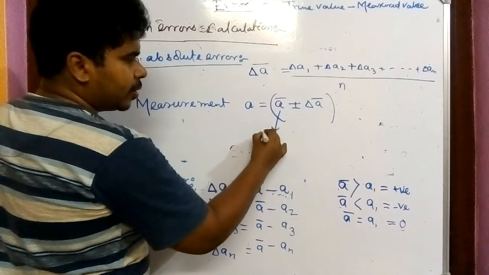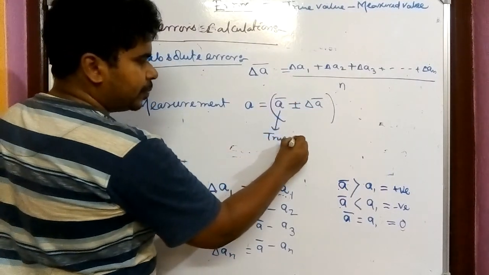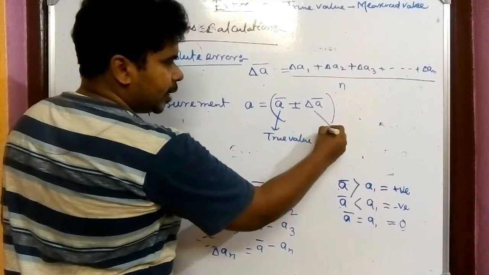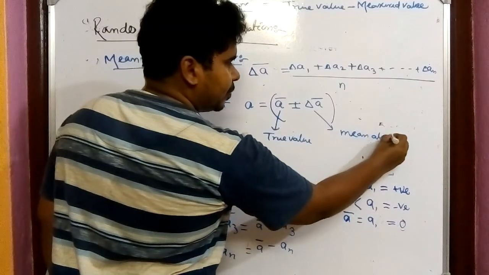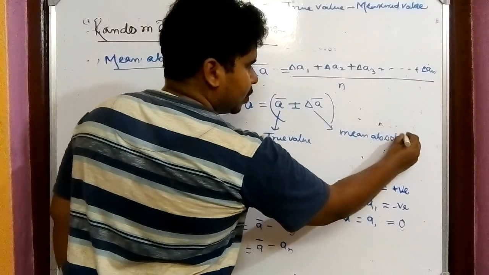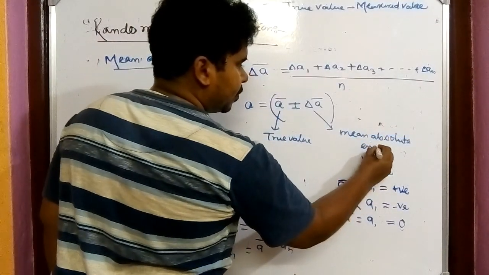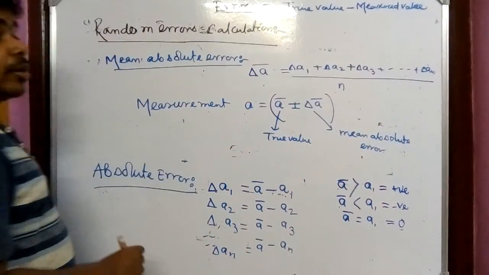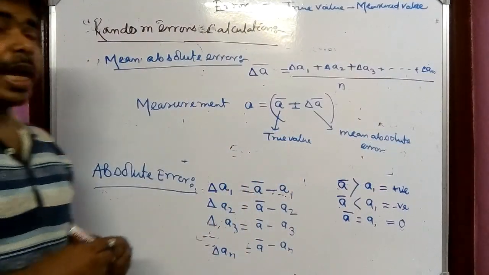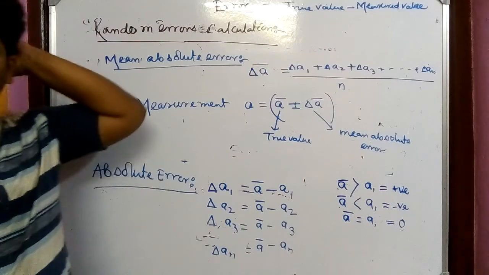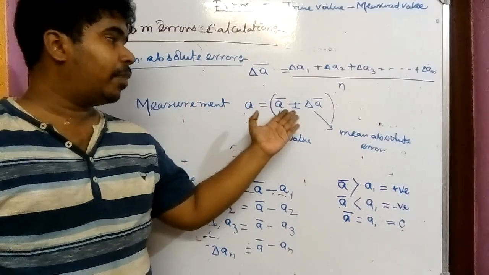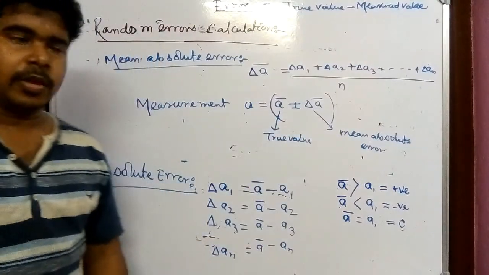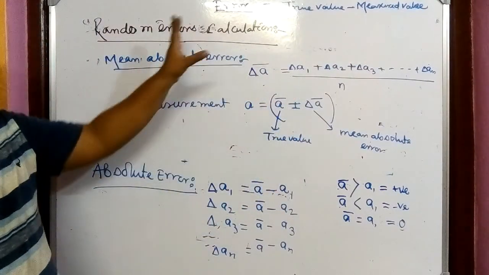This is the true value and this is the mean absolute error. That is the measurement you have done. So whenever we measure anything, the answer will come as A bar plus minus delta A bar. That is the whole measurement we have done.